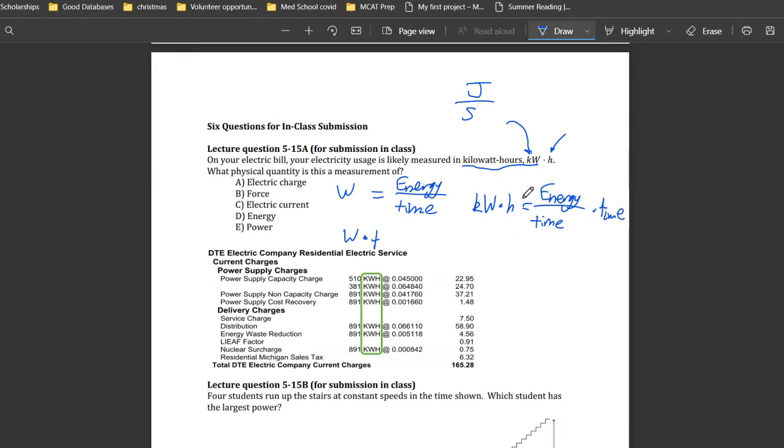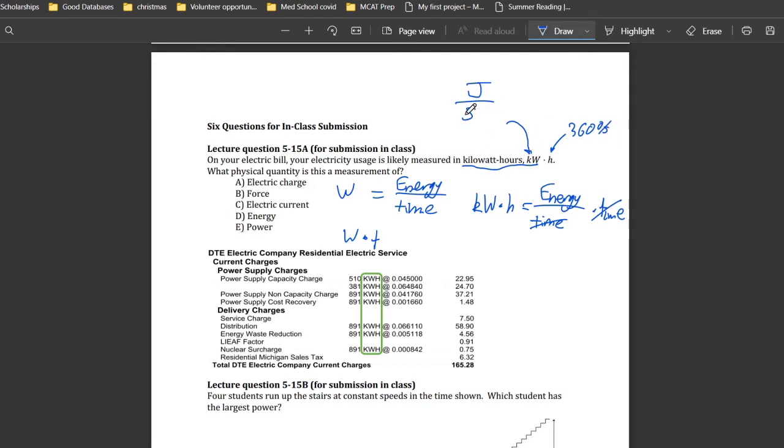And we can convert hours to seconds because watts is in seconds. But disregarding that, since they're both units of time, we can say that they cancel out, because if we converted hours to seconds, we know that there's 60 seconds in a minute and then 60 minutes an hour, so 1 hour is 3,600 seconds.